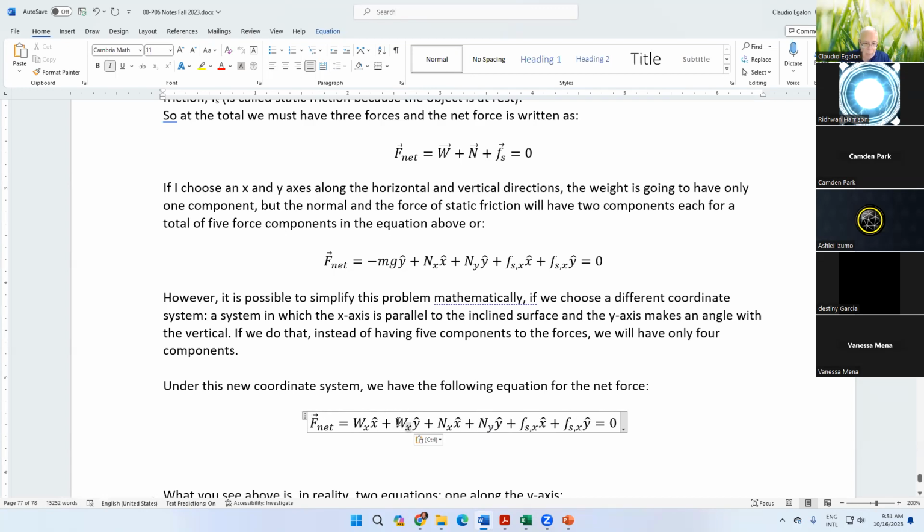And you're going to have a W along the y-axis. The N in this case will have only a y component. And my force of static friction is going to have only an x component. See what happened? What was 5 components along one coordinate axis becomes 4 components along another coordinate axis.